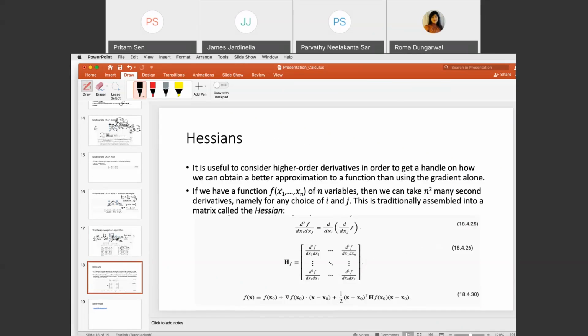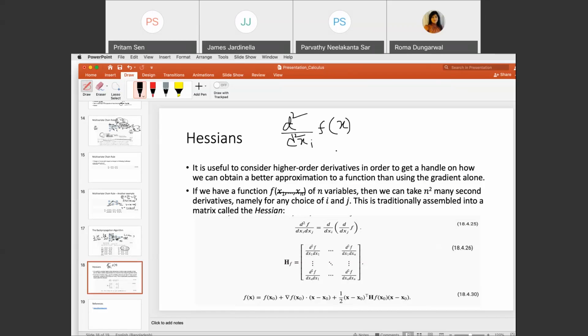So if there is a function that depends on multiple variables from x1 to xn, we can calculate the second order derivatives like this. This is the first order derivative, and if we differentiate again, this is the second order derivative.